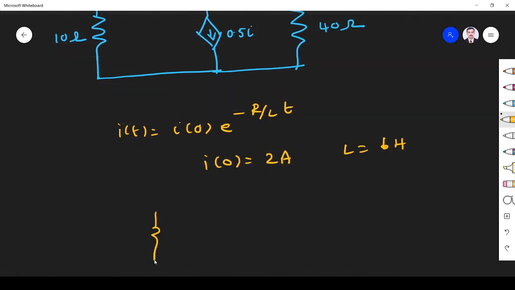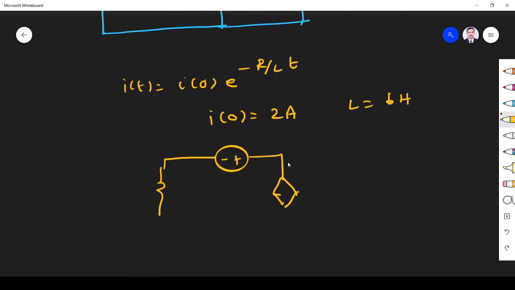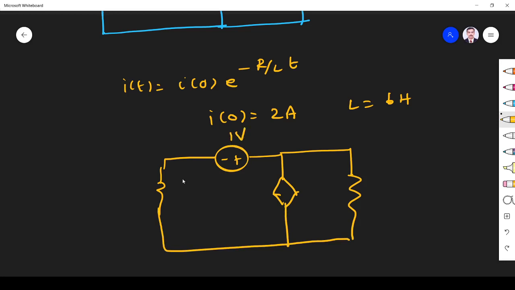So this I write as minus plus. This is what I do: I replace the inductor with a 1 volt voltage source.